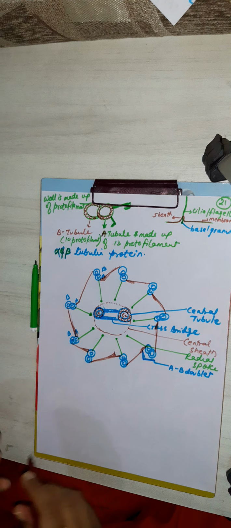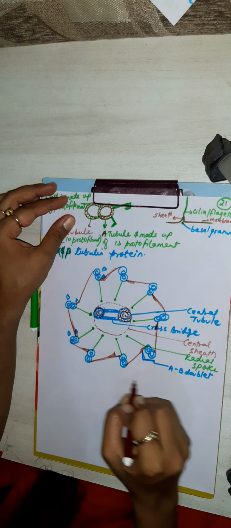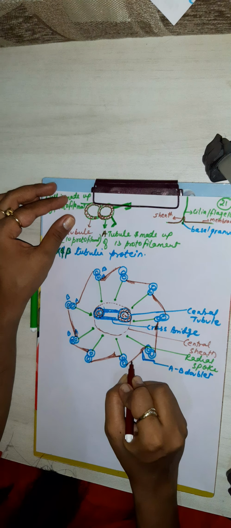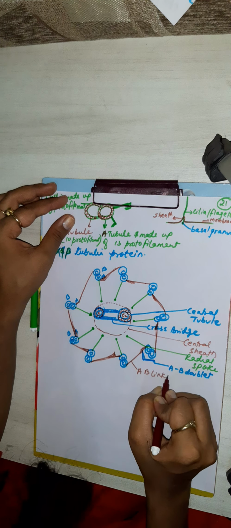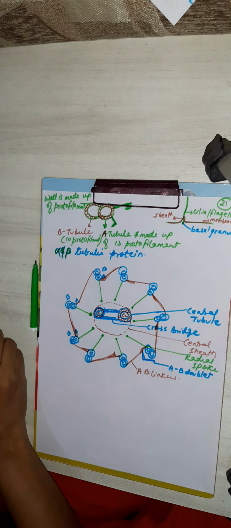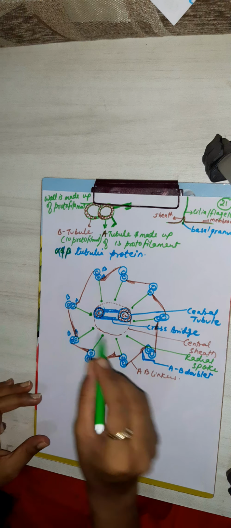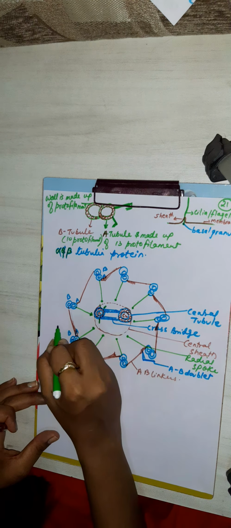So it's an AB linker chain. Okay, so this is the structure. And one thing more, the projection. Here it is, the projection. So it's the structure of cilia and flagella.